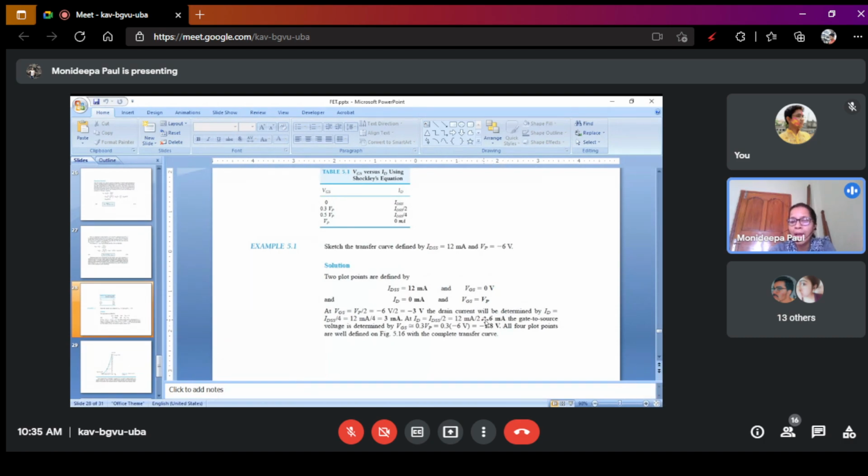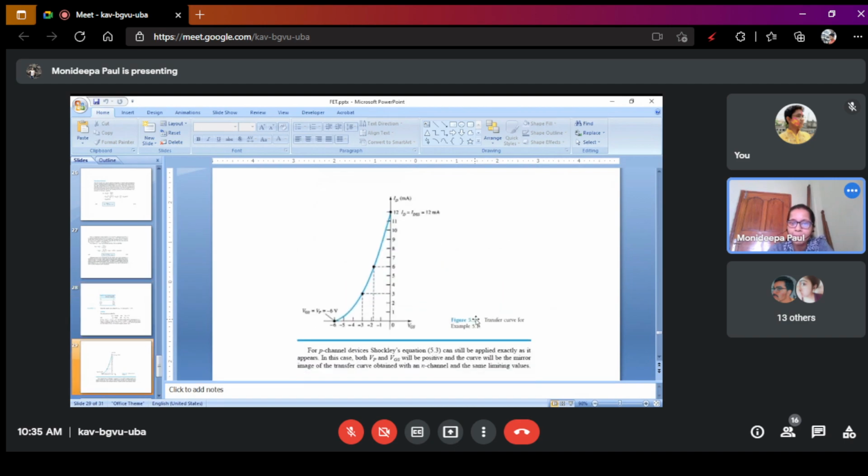And VGS is equal to 0.3 VP, 0.3 into minus 6 volt, which is minus 1.8 volt. Here you see that at minus 3 volt VGS, ID is equal to 3 milliampere, and at minus 1.8 volt VGS, ID is equal to 6 milliampere. You get the points for drawing the transfer characteristics.